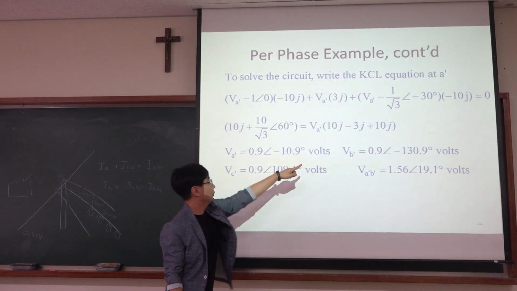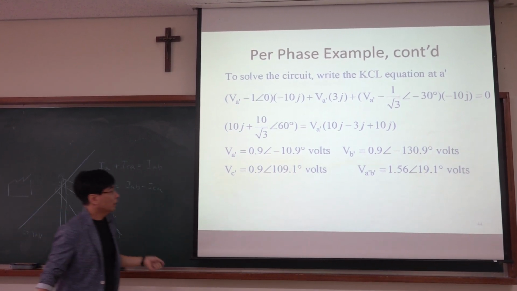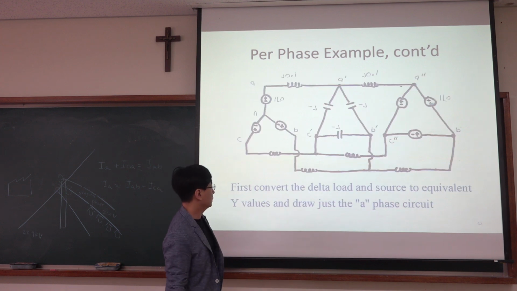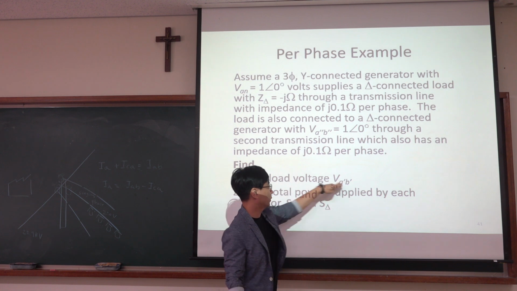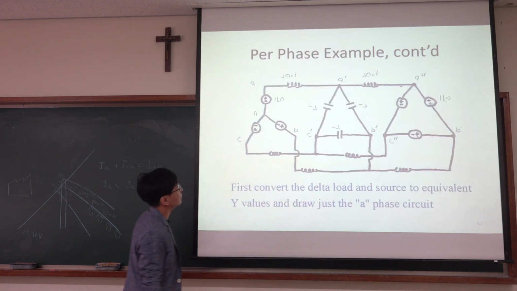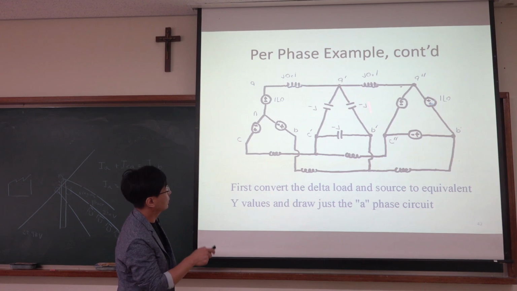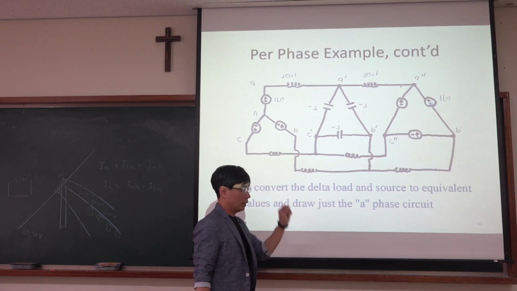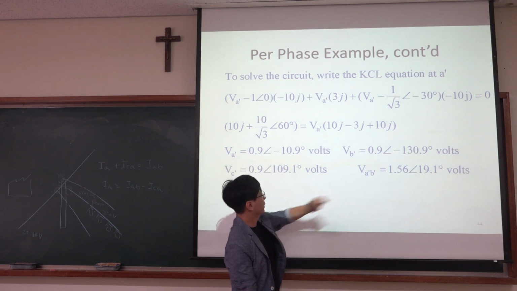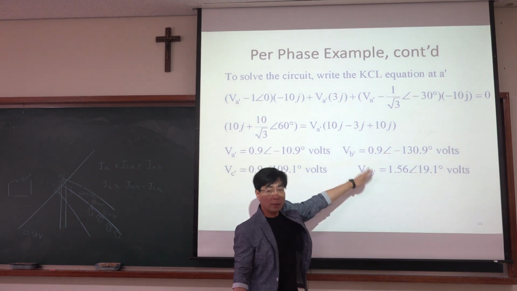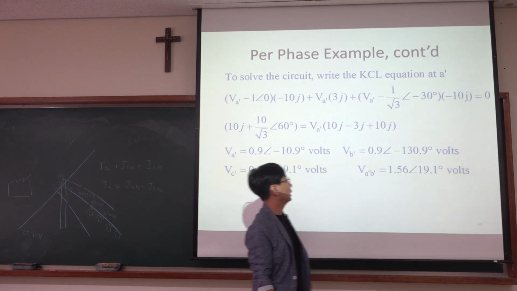Then all three node voltages are computed. Then our original question was, what was the load voltage V A prime B prime? We wanted to compute this one. And V A prime B prime is simply V A prime minus V B prime. So this minus that gives you that.